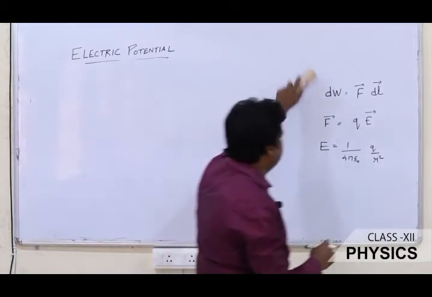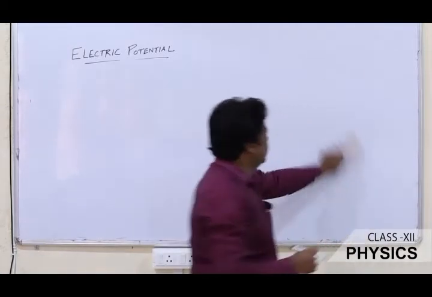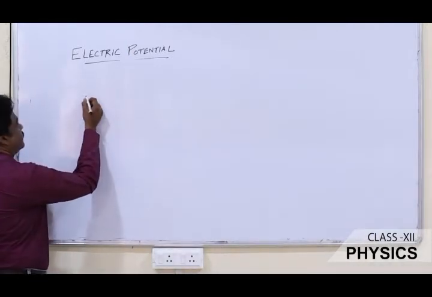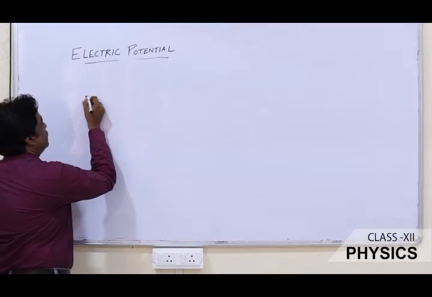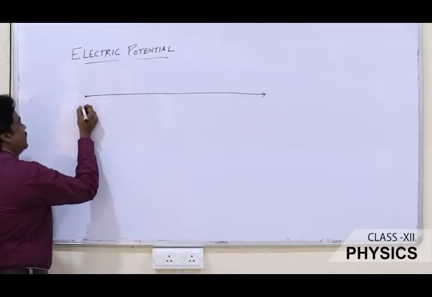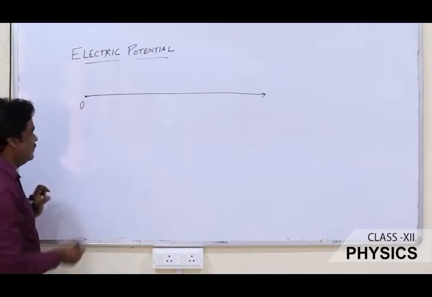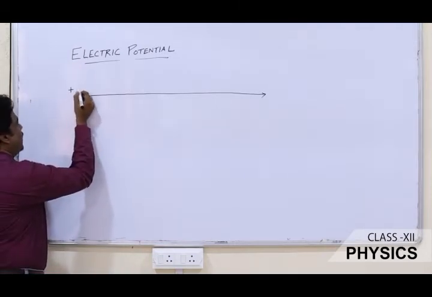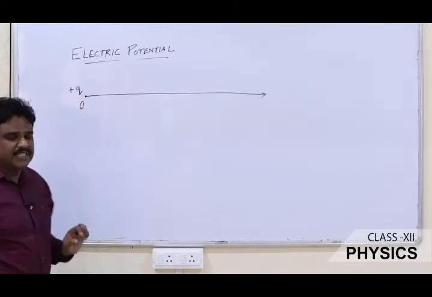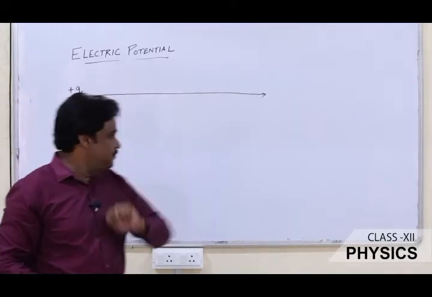So let us start with the derivation. I'm going to consider O as the origin in which I'm going to keep a charge plus Q. Obviously it is a source charge that creates the field.